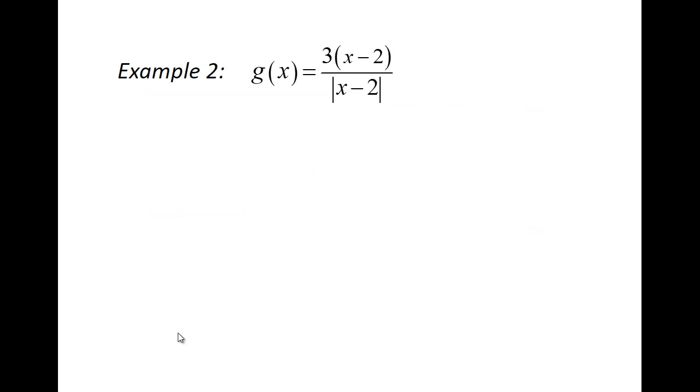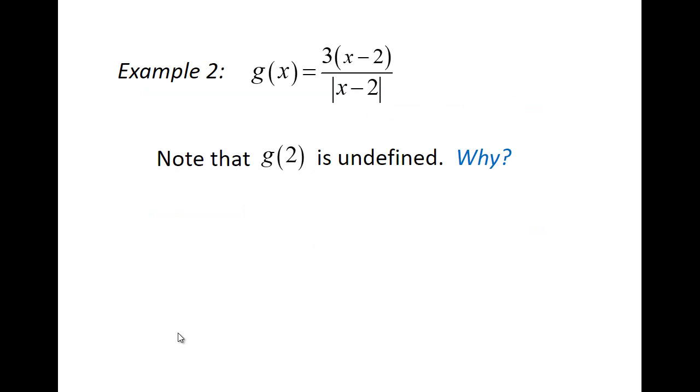Here's an example. I have this function g of x, which is 3 times x minus 2 divided by the absolute value of x minus 2. Clearly, the function is not defined at 2, because when x is 2, the denominator becomes 0, so it's not defined at 2.